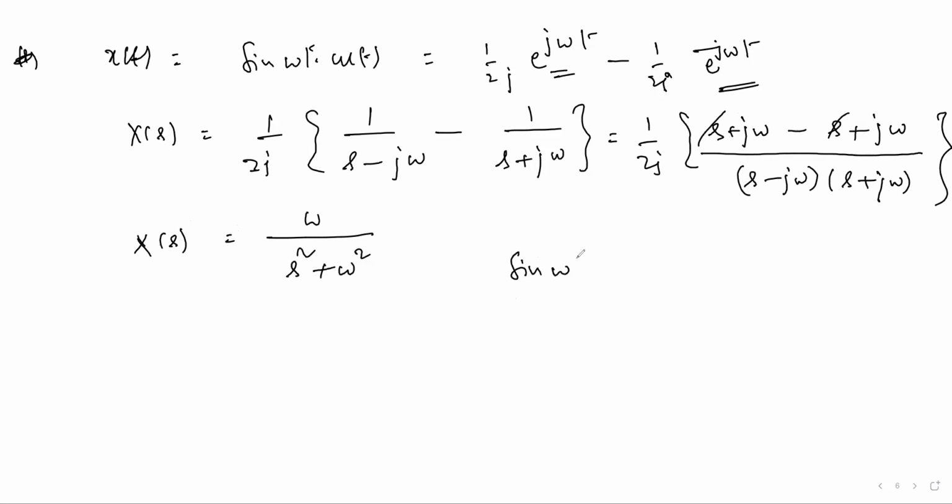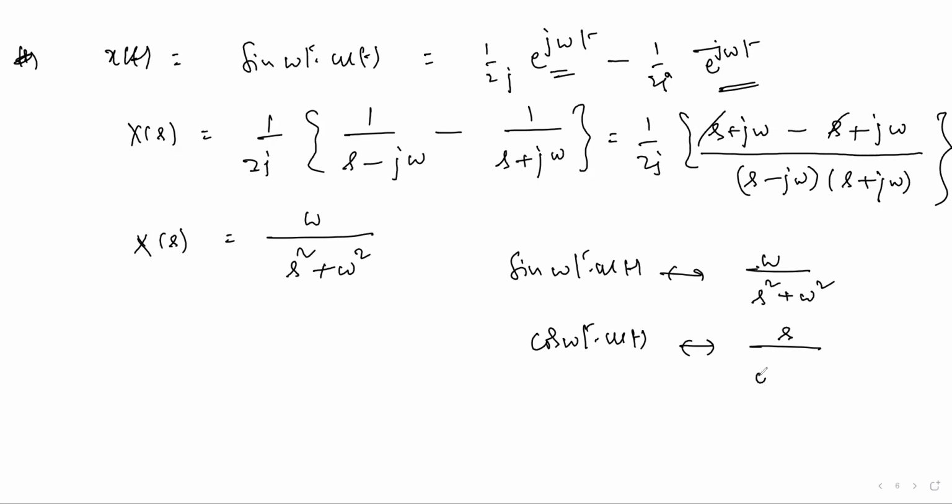So we have sin omega t u of t Laplace transform omega by s square plus omega square, whereas cos omega t u of t Laplace transform is s by s square plus omega square. Important ones.